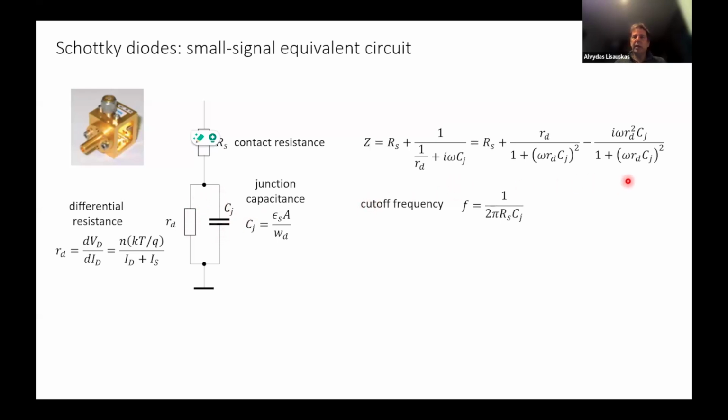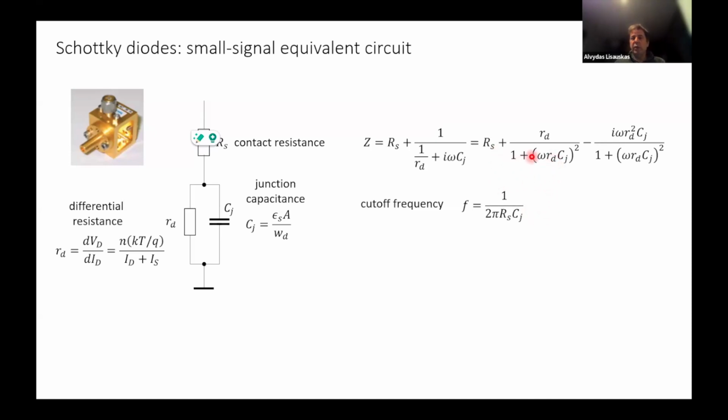And what it does is make the impedance of the device, the real part of impedance, lower. The real part of impedance is this without the i here. This is the part which is actually dropping on RD, and it becomes lower and lower with frequency. It drops down once RD CJ becomes comparable to 1 over omega. That is actually not the cutoff frequency.